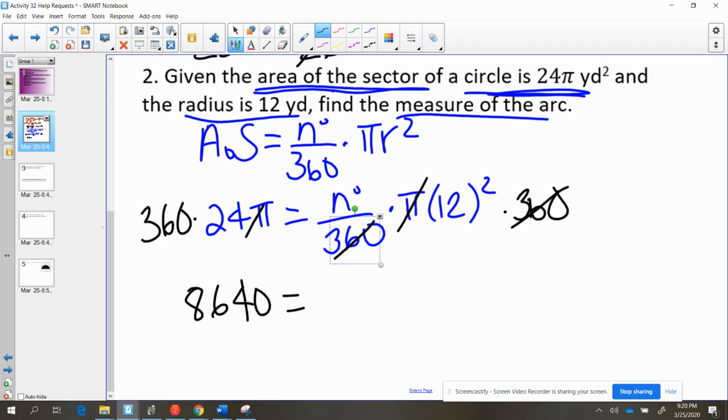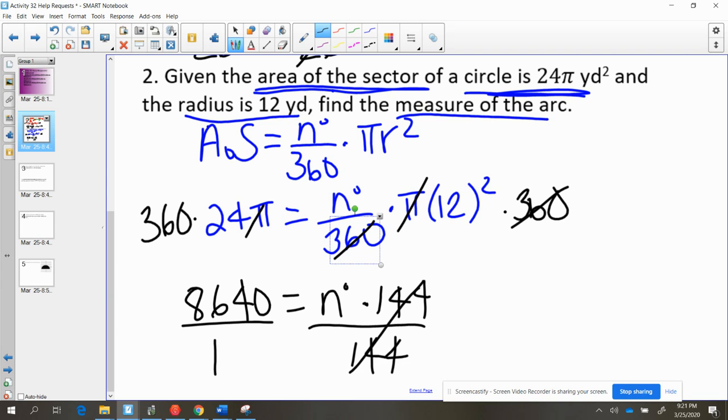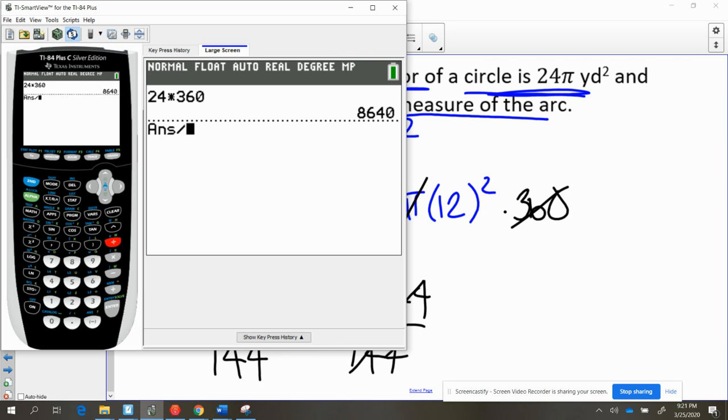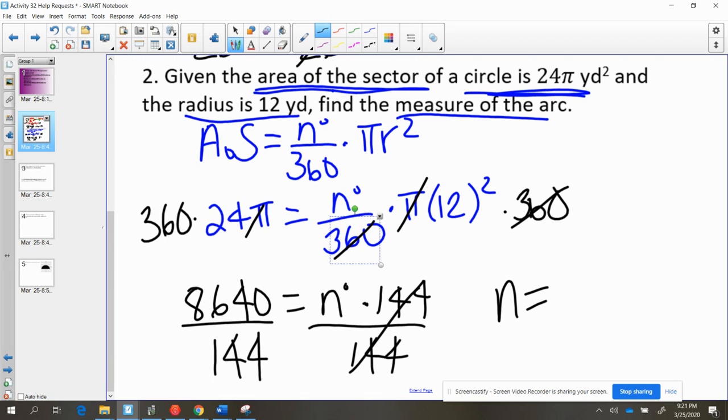On the right-hand side, we still have n degrees, but this time we're multiplying it by 12 squared, which is 144. Last but not least, we divide both sides by 144 to get n by itself, and we get a final answer of 60 degrees. So n equals 60 degrees.